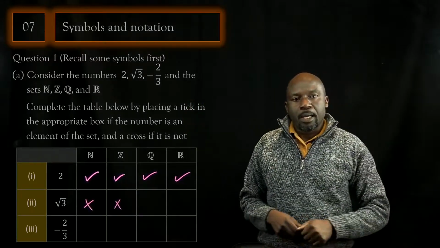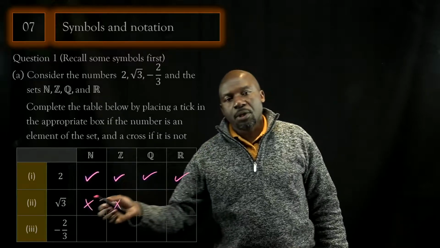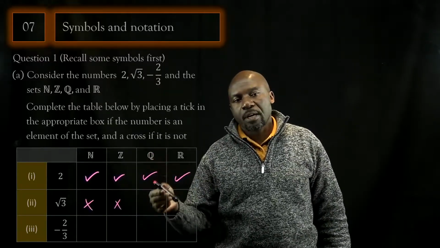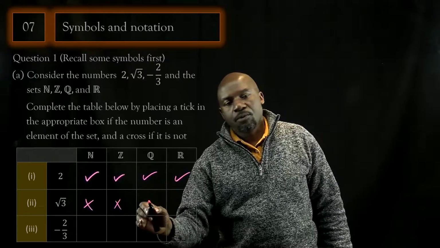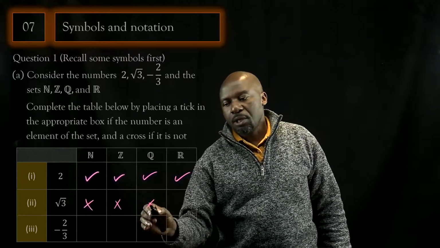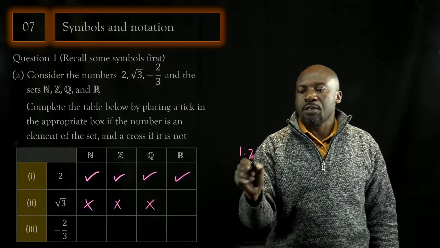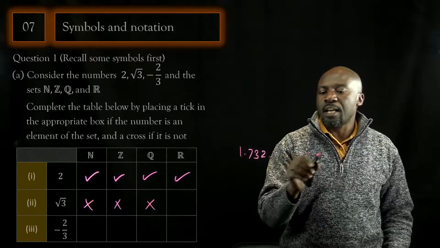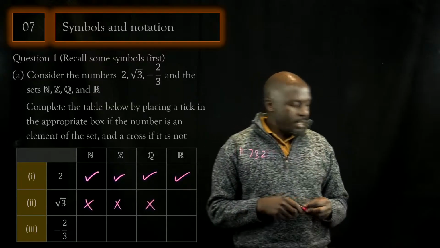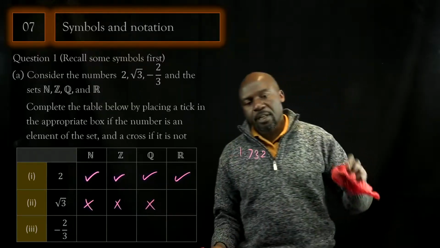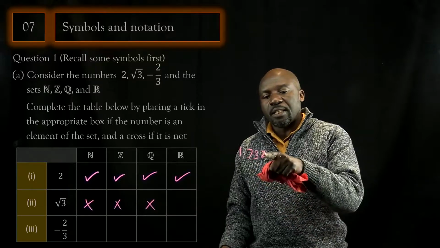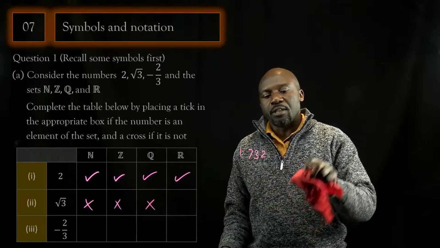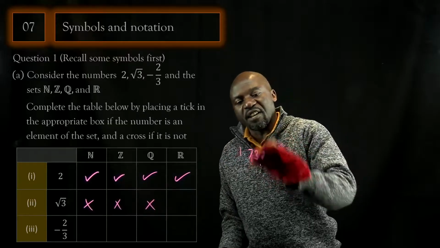Okay. What about Q? Can root 3 be expressed as a fraction of whole numbers? Actually, no, we cannot. Root 3 is 1.732 and so on, and it's an unending, non-terminating decimal number, and therefore, because it is non-terminating and it's not a recurring decimal, we cannot express it as a fraction, and therefore it is an irrational number.